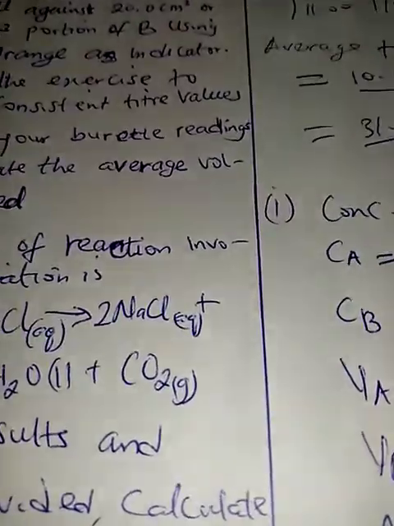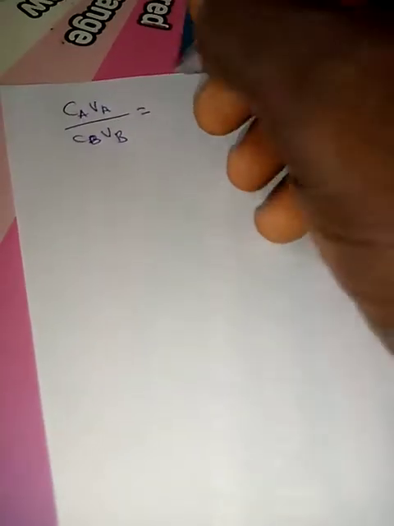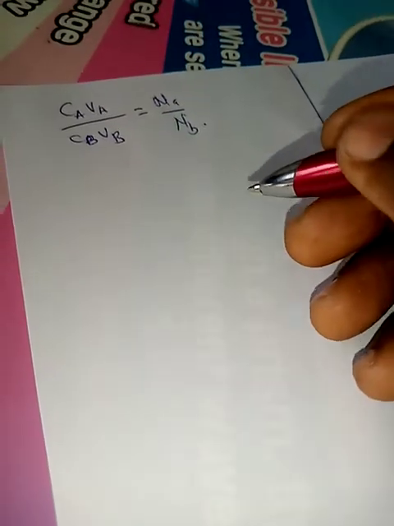Now we are going to apply this formula to get the concentration of the base in mole per dm cube. This is the formula: Ca Va over Cb Vb equals Na over Nb.